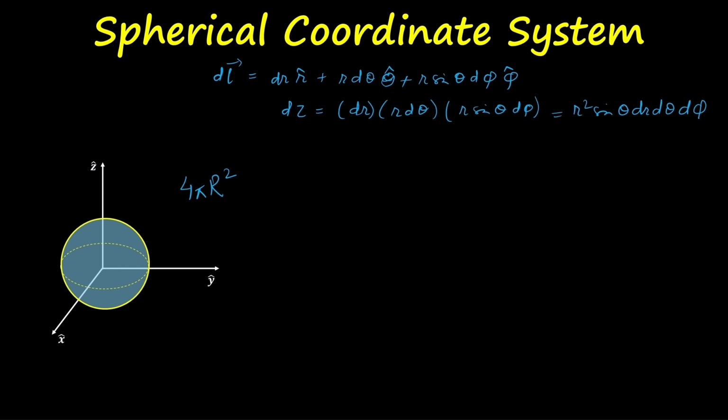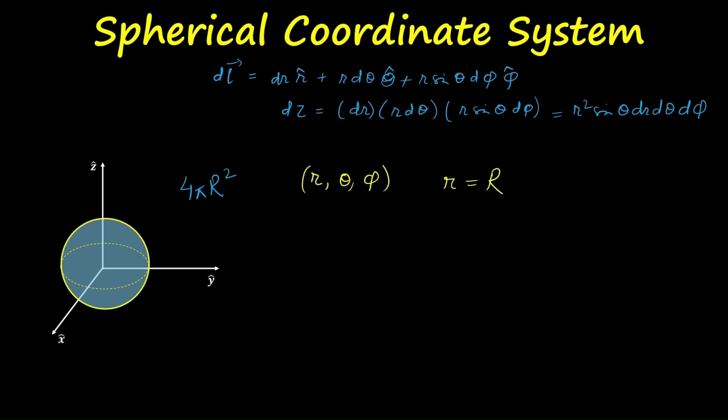Now for this problem, we are going to use spherical coordinate system. In spherical coordinate system, we have three variables, r, theta, and phi. Now the integration is going to be a surface integral, that is two variables. So out of these three variables, one has to be constant and the other two have to vary. In this case, the small r is constant, because if you take any point on the surface, the small r is equal to the radius.